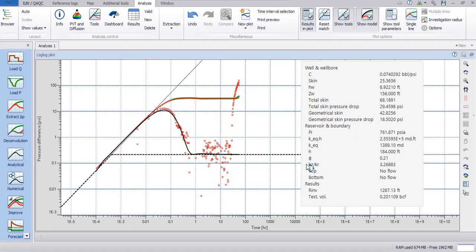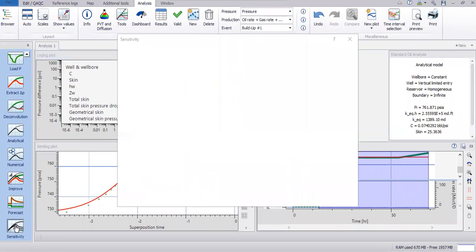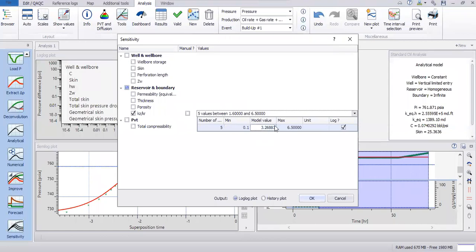KZKR, the vertical permeability greater than radial permeability. I do not like that, so I'm just going to use sensitivity analysis. Let's try 0.1 and model value. I'm going to limit it at 4.